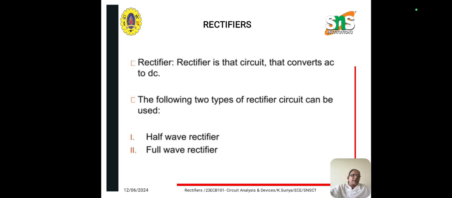A rectifier can take one or more diodes to convert the positive or negative half cycle of the AC input to DC output. Rectifiers generate the DC voltage by rectifying any one cycle of the AC supply, and the reverse operation of this process is called an inverter, and the process is called inversion in electricity.